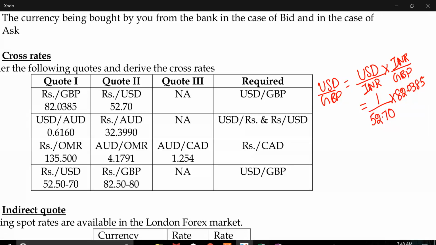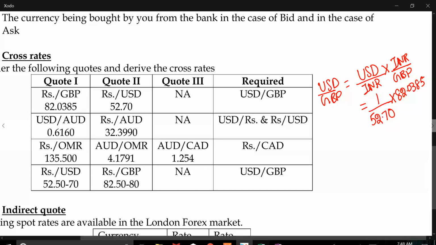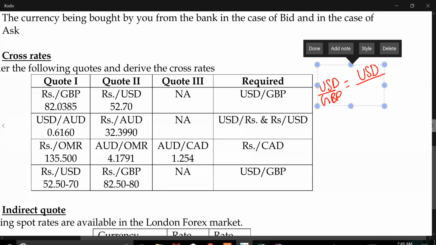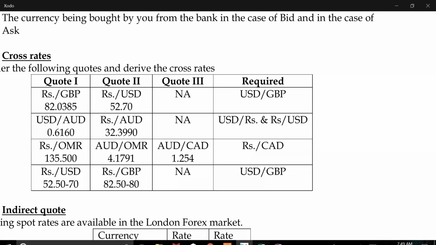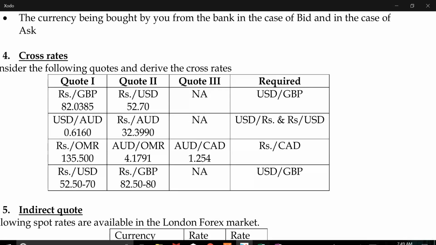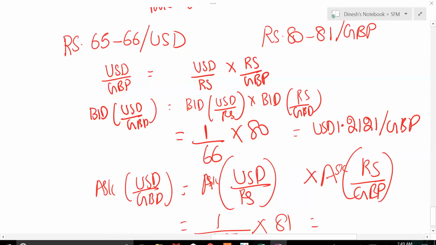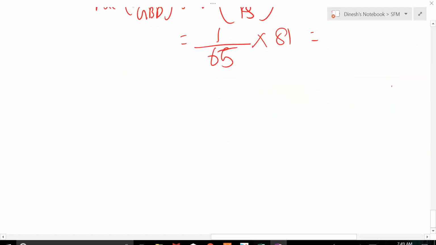Whatever answer you get, you can note down the answer. What's the answer you have got? 1.5505.